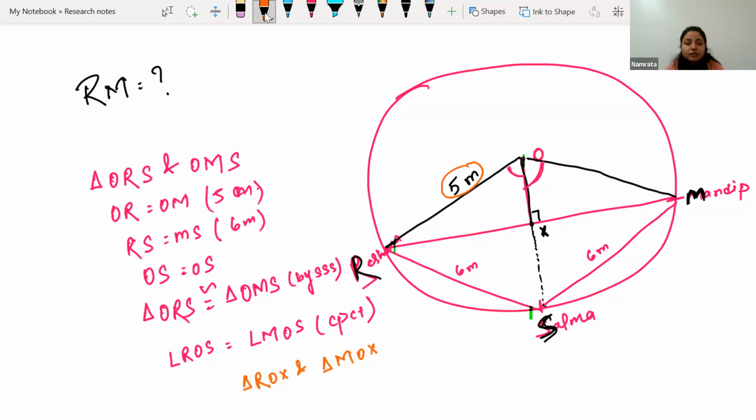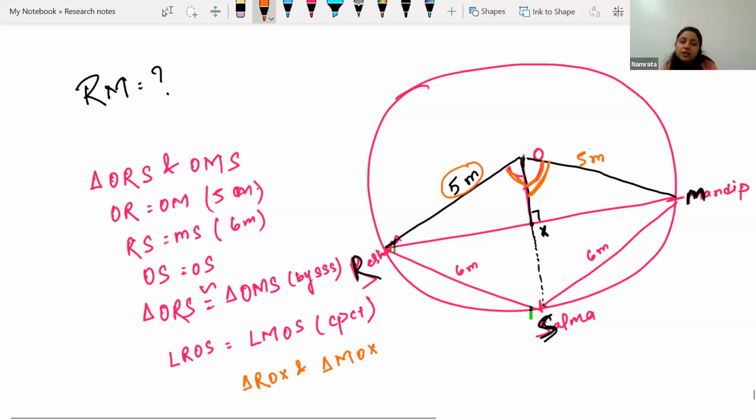Here we have 5, here we have 5. But only these two 5, 5 will not give us congruency, so we proved that this angle and this angle are the same. First we proved the angles are the same so that we can prove ROX and MOX congruent.